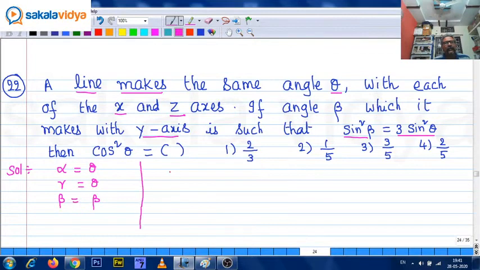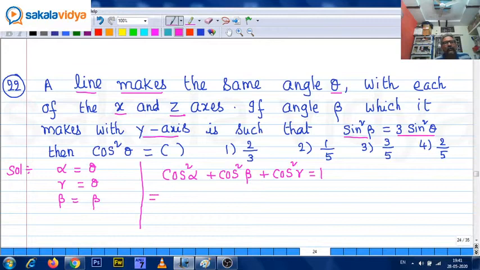So we know that cos square alpha plus cos square beta plus cos square gamma is equal to 1, because cos alpha, cos beta, cos gamma are the direction cosines.